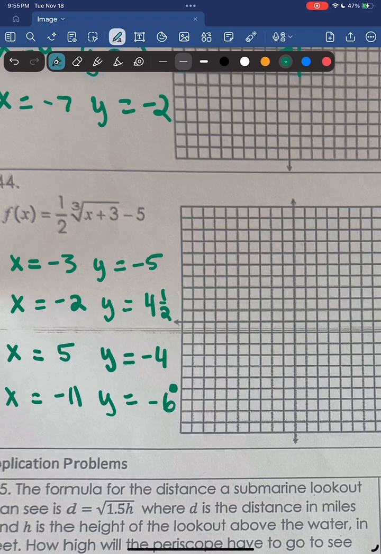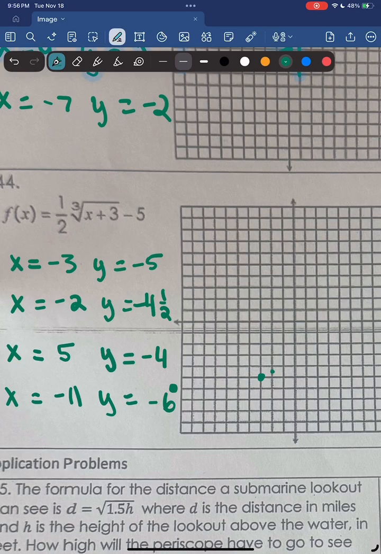1, 2, 3, 1, 2, 3, 4, 5, 1, 2, and then just 4.5. I think that should be a negative 4.5. Yeah, that's a negative 4.5. So we got a little dot in the middle there.